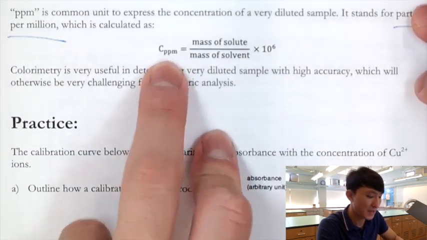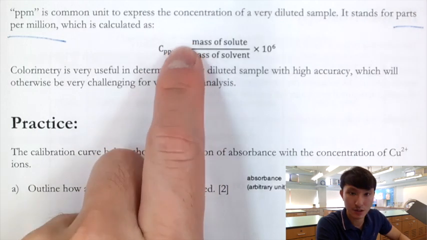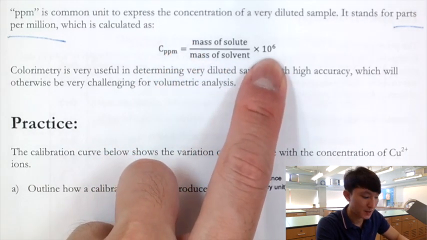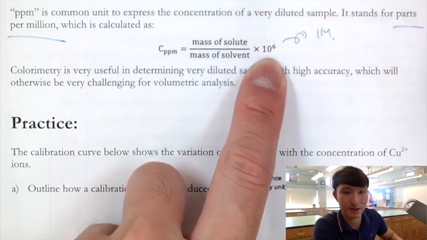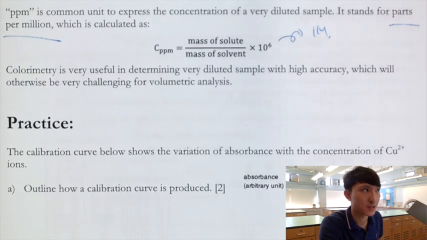So C ppm, the concentration in terms of ppm, equals the mass of solute over mass of solvent times 10 to the power 6. So this one corresponds to 1 million. Basically we want to find out how many parts of this solute per 1 million solvent particles.